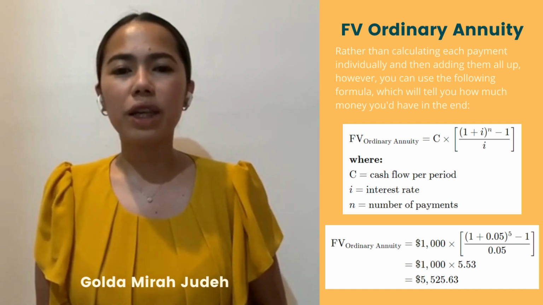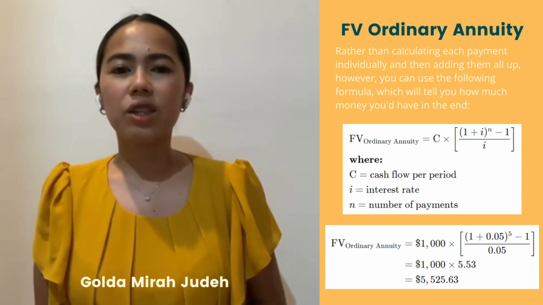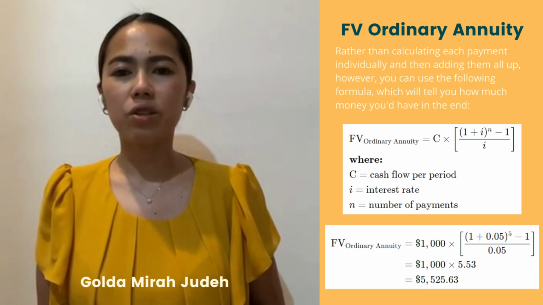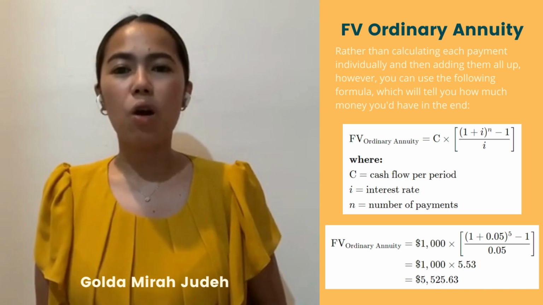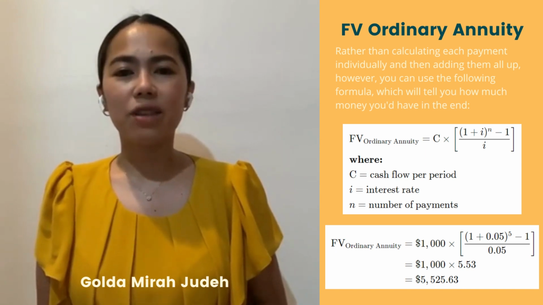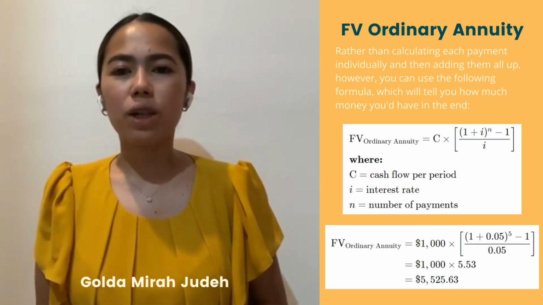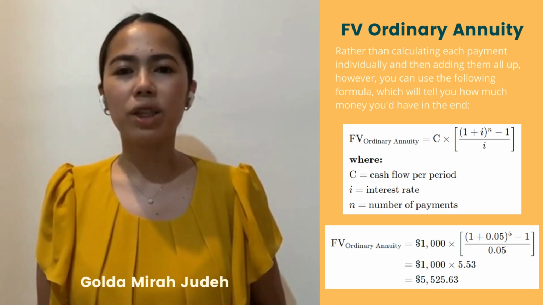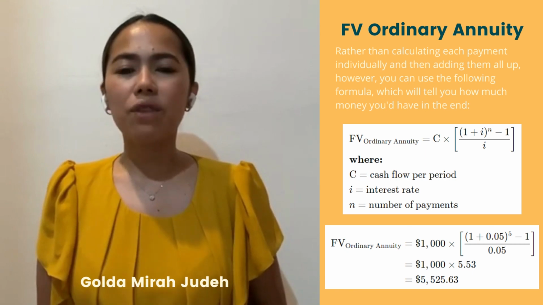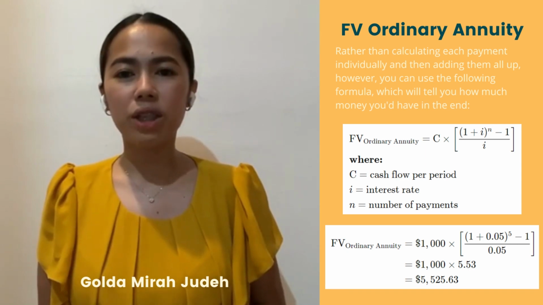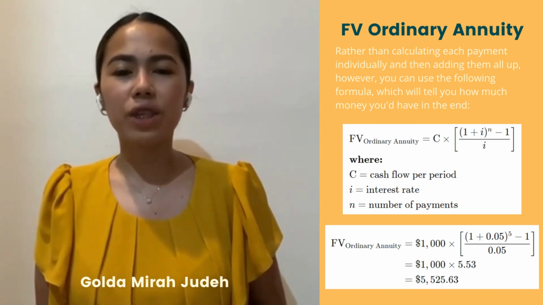Future value of an ordinary annuity equals 1,000, that's the cash flow per period, times (1 plus 0.05, for the 5% interest rate) to the power of 5, because you're investing for 5 years, minus 1, over 0.05, again the interest rate. 1,000 times 5.53 equals $5,525.63. Note that the 1 cent difference in these results, $5,525.64 versus $5,525.63, is due to rounding in the first calculation.